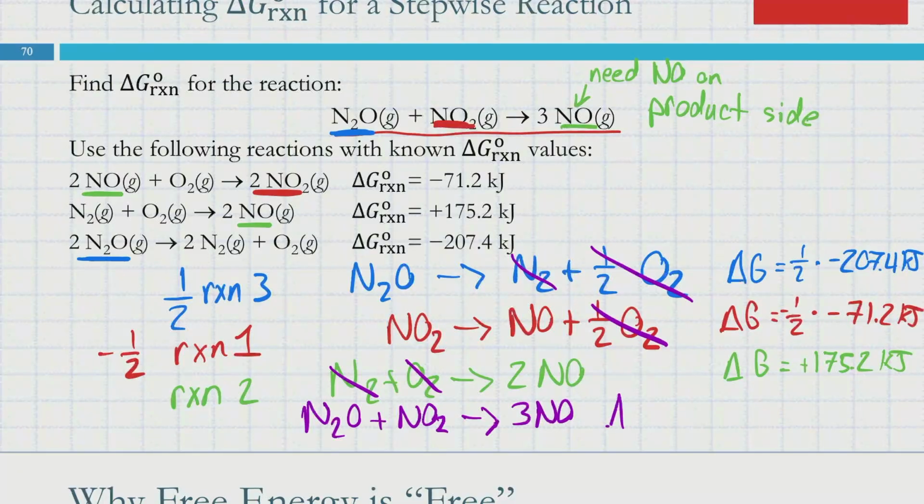And then for our delta G, 1/2 times negative 207.4 plus negative 1/2 times negative 71.2 plus 175.2 with units of kilojoules.